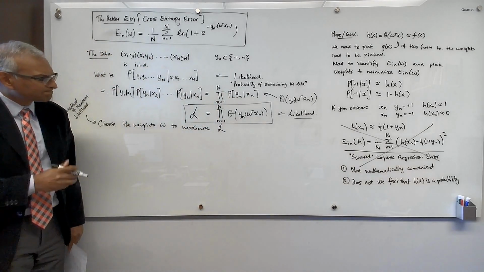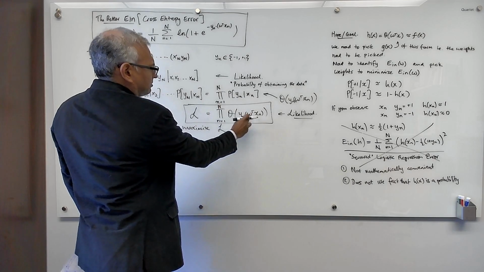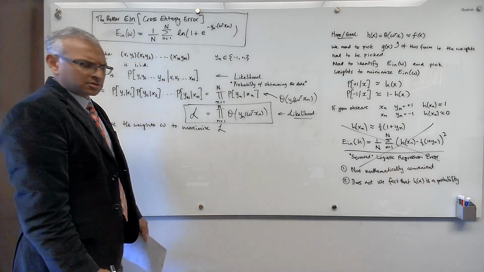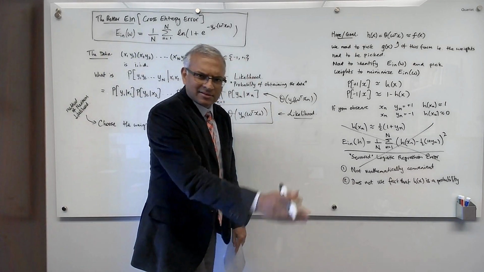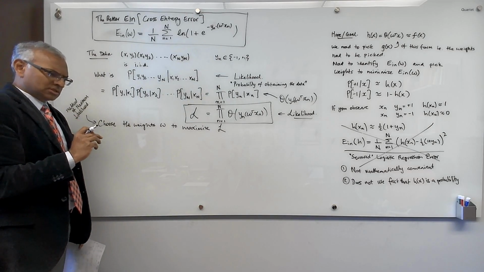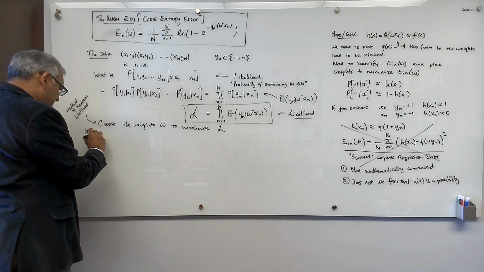How do we do that? Well, it looks complicated. You have to find the weights W that maximizes this complex product. But now I'm going to show you a sequence of mathematical facts, and here there's no assumption, and no question of whether this is the right thing to do. These are just mathematical facts.